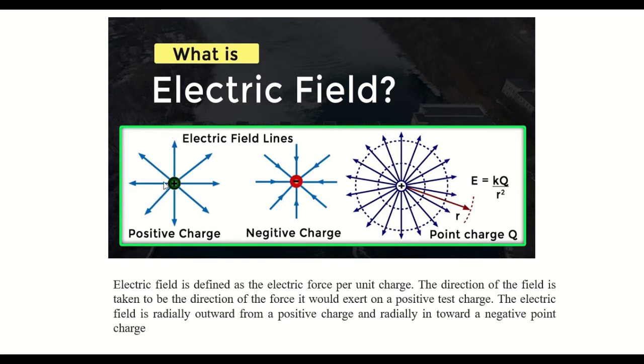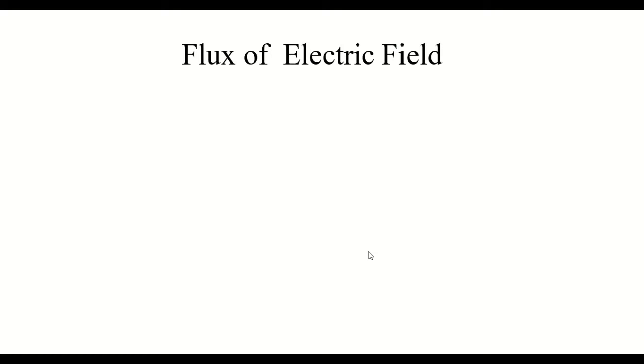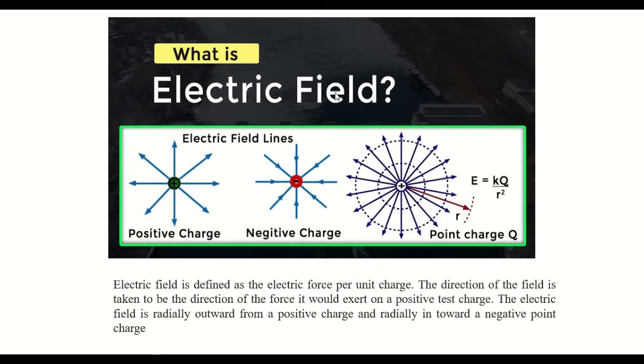Suppose this charge is Q, then the electric force per unit charge will be the electric field. The direction of that field is taken to be the direction of the force. Now let me explain about the direction.